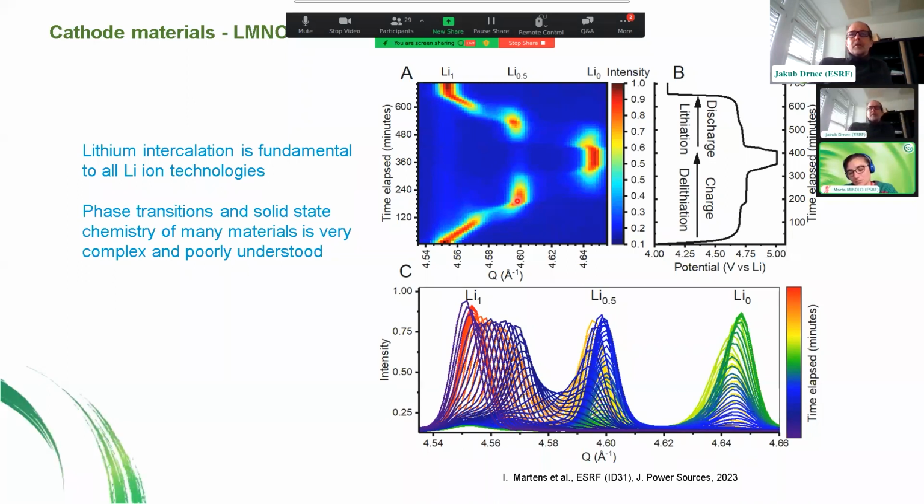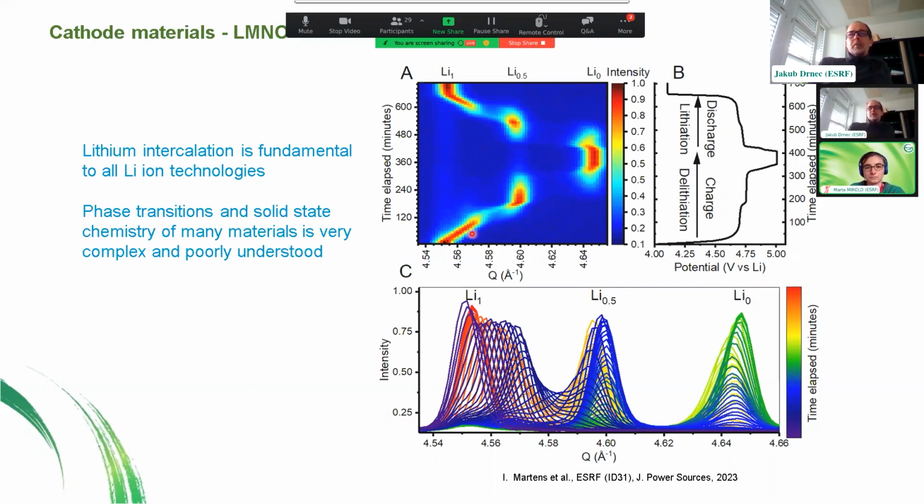So those are the important ones, right? And then nothing really changes for a while here. Then once we hit a really high potential, which would mean the full delithiation of the battery, there is a very severe transition, and this is reproducible. It turns out that in this region the material cracks and disintegrates.